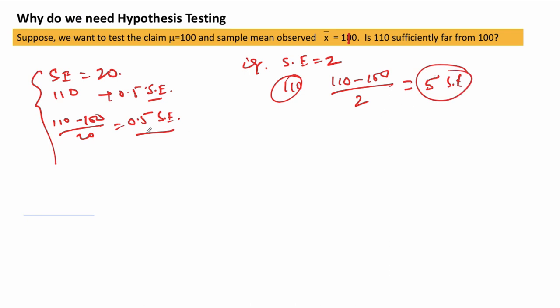It is not 0.5 standard error. It is 5, which is very high. So it means the sample mean x bar is very far away from 100, and the population mean is unlikely to be equal to 100. Now this is the essence of hypothesis testing, because this is based on the standard error concept, right?